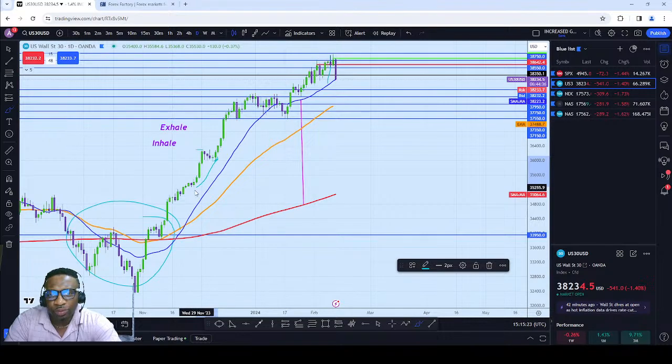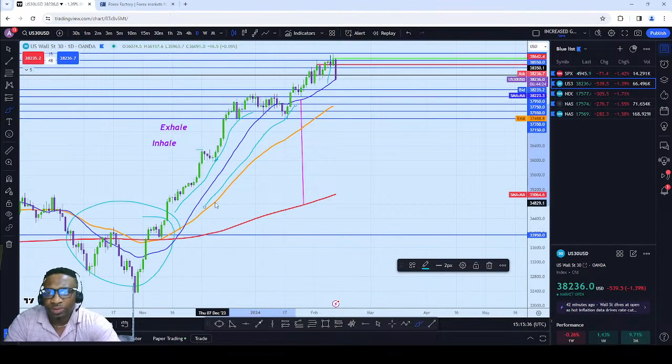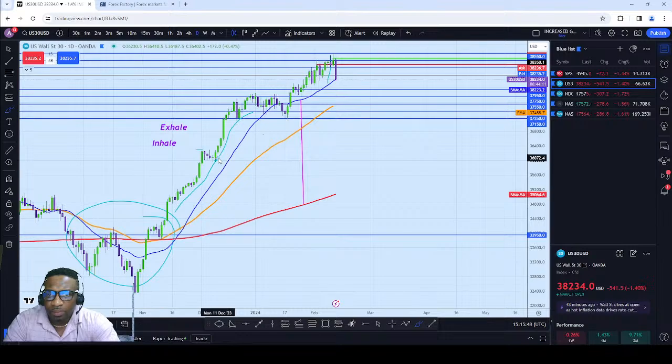So it could be from here or this side. So if you find price below it, it doesn't mean it has totally gone out of it. That's one thing we have to bear in mind.